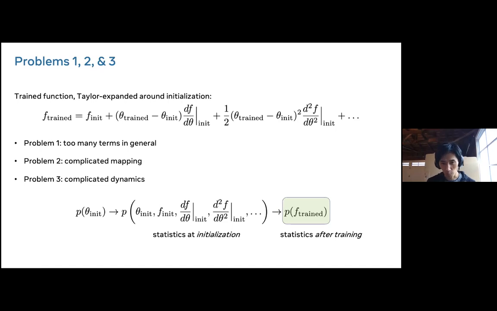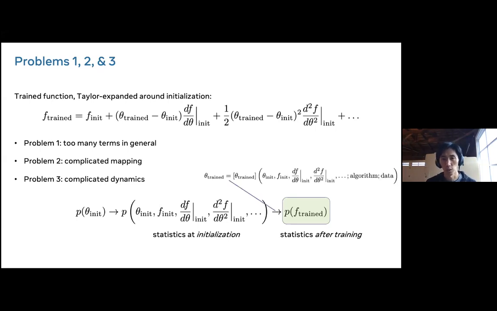And lastly, what we want to understand here is the distribution over the trained function. So you have to go from the second object to the last object. To do so, you have to solve the complicated dynamics.